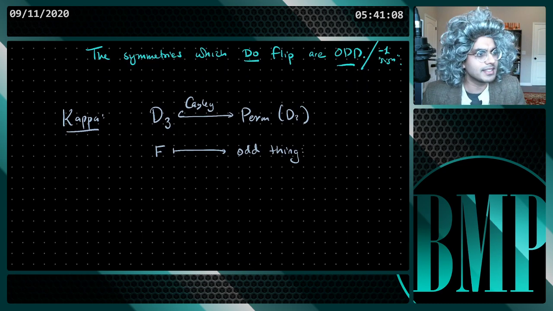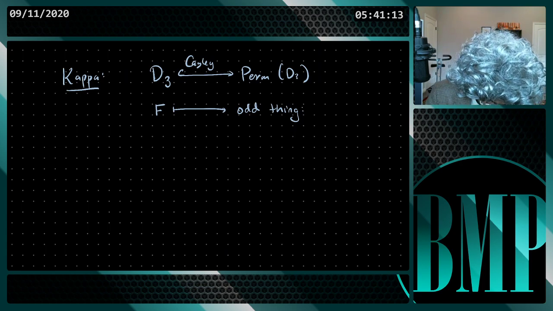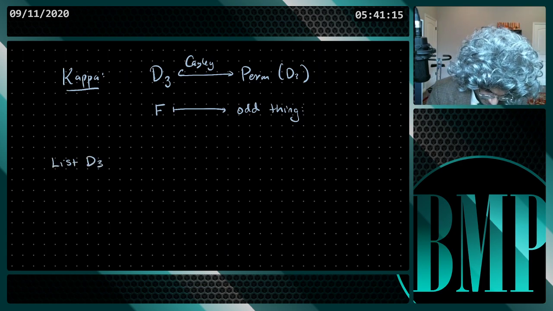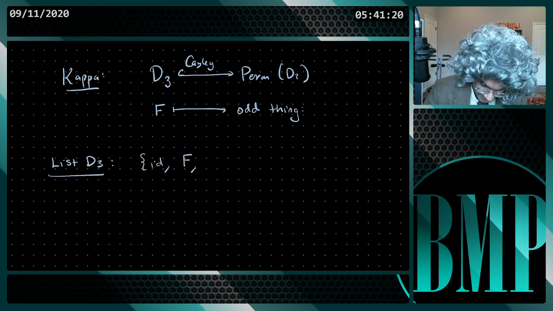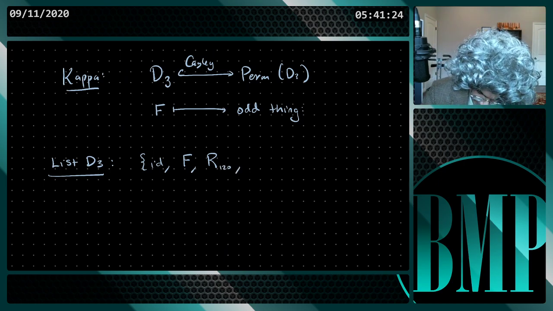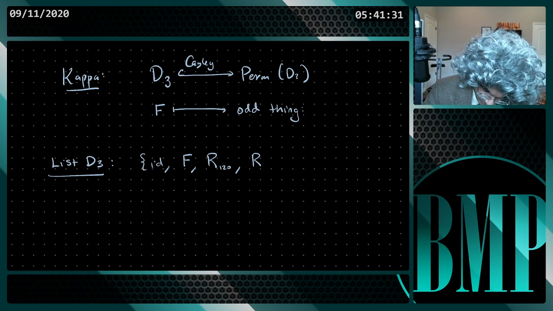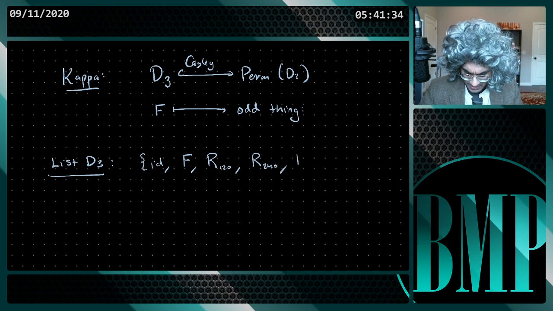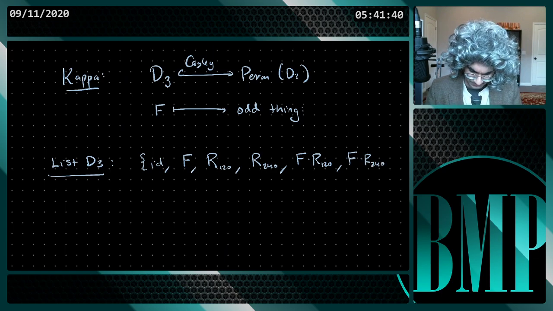Okay, so let's take a look at this. So let's list D3. Identity, F, rotate once by 120, rotate twice by 120, and then F times rotate 120 and F times rotate 240.